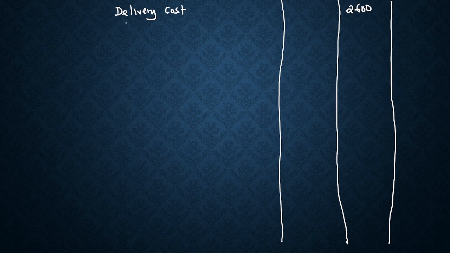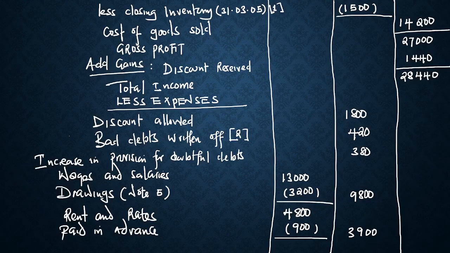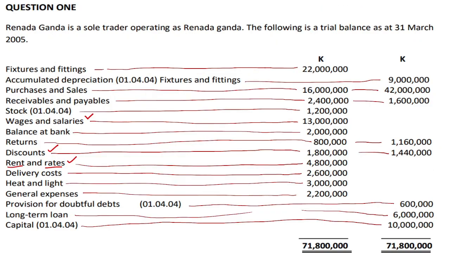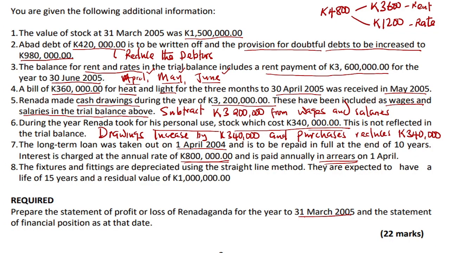Next, we have got heat and light. The value is 3 million. Now, when we get to heat and light, there is a note somewhere.